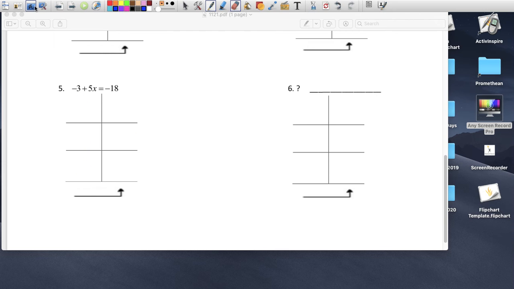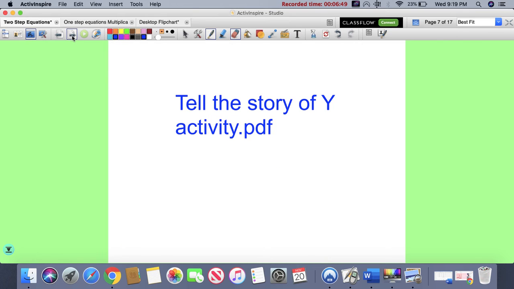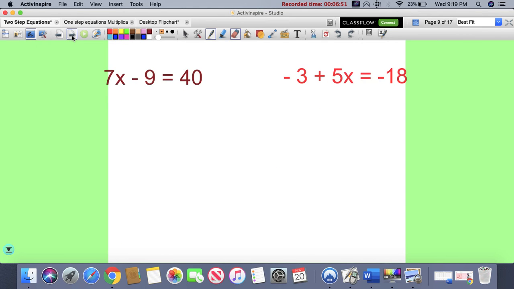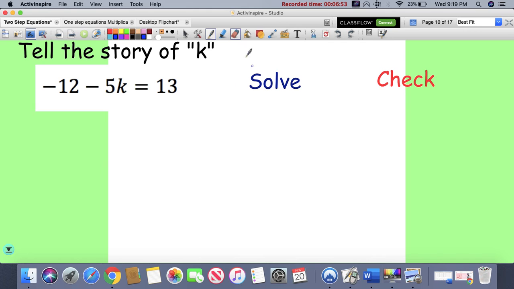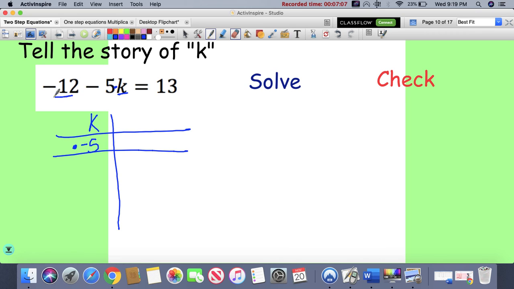So let's do a whole complete problem here. First thing I want you to do is this. What's my variable? My variable is k. What's happening to it? It's being multiplied by negative 5, and then it's being what? Subtracted 12.